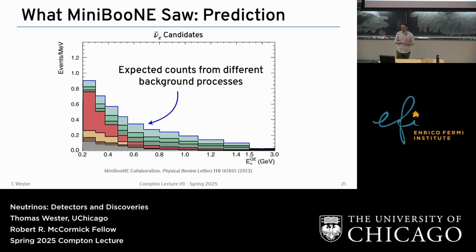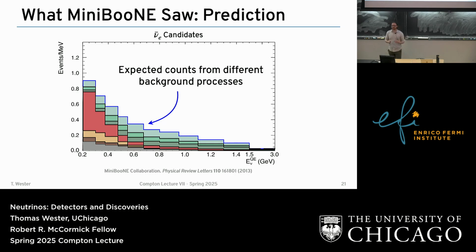So what did MiniBooNE see? Here's a picture, kind of the same as the LSND version, with the events expected on the vertical axis and the neutrino energy on the horizontal axis. This is a big stack of different things, but what you want to pay attention to is this blue line, which is the sum of all of these different sources.